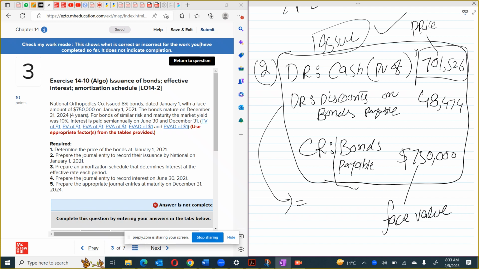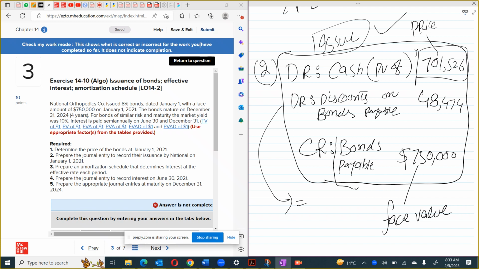So first of all, I will write the interest expense entry. Interest expense debit, 37143. I will credit discounts on bonds payable, 7143, and cash interest, 30,000.